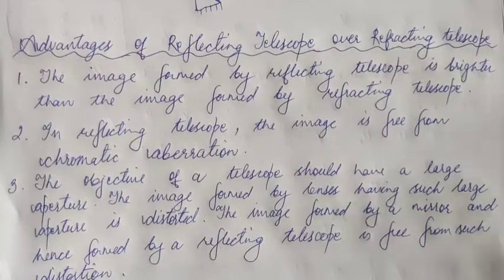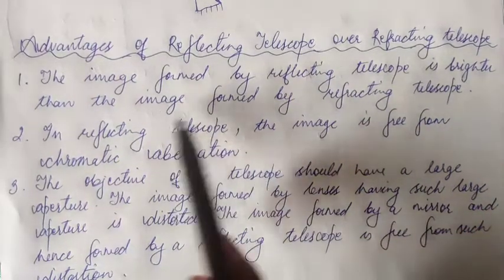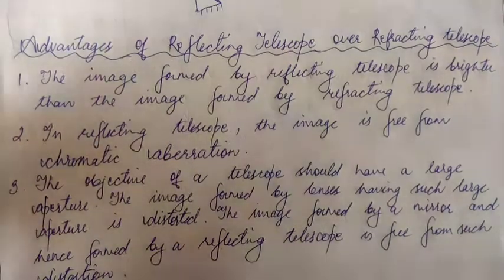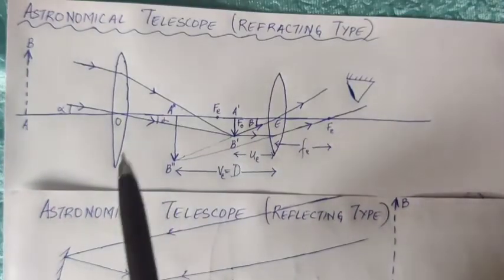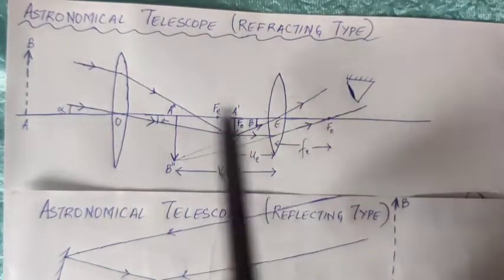We are discussing 3. First, the image formed by a reflecting type telescope is brighter than the image formed by a refracting type telescope. In a refracting type telescope, the intensity of light is lost due to absorption by the lenses.